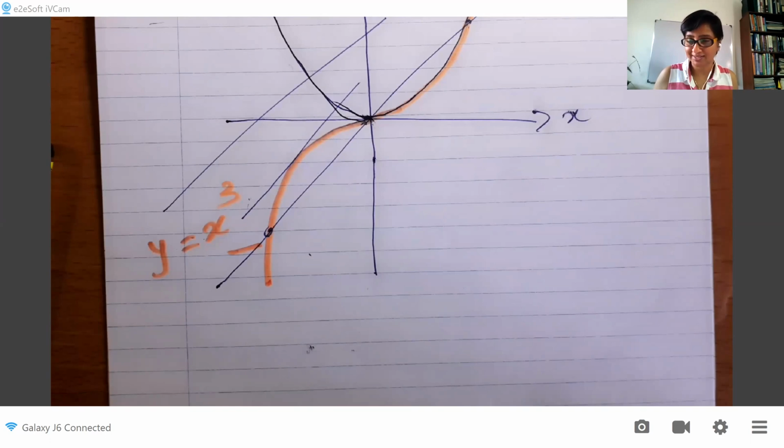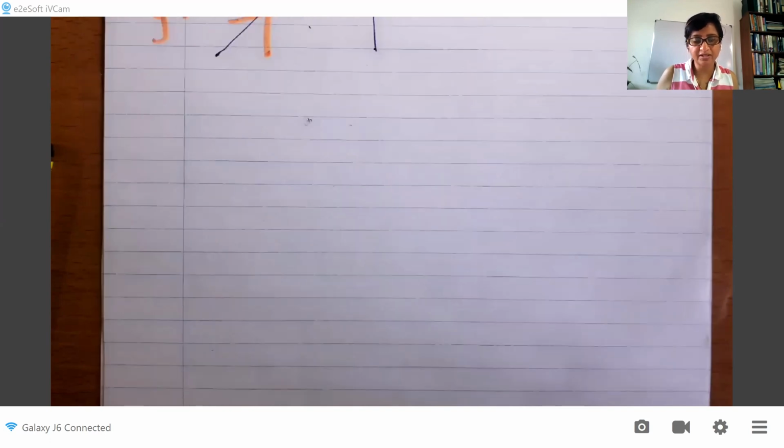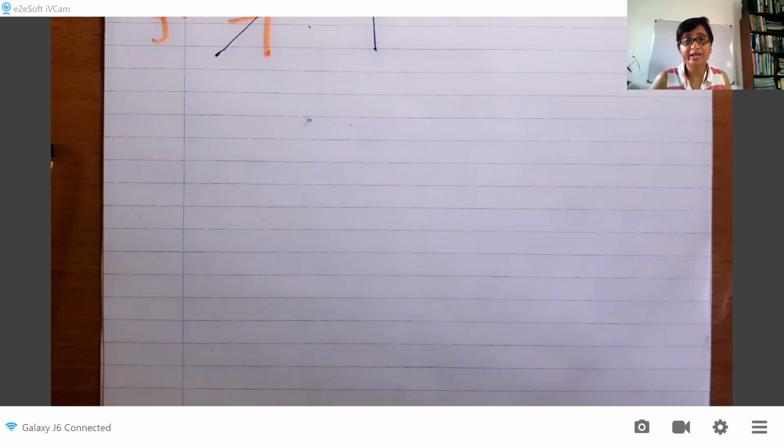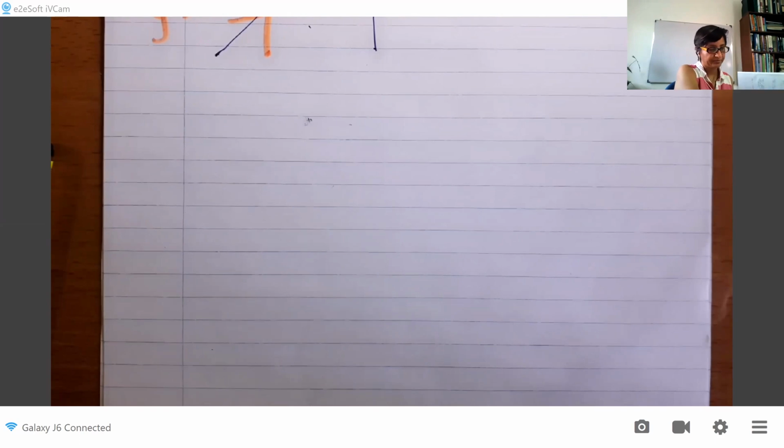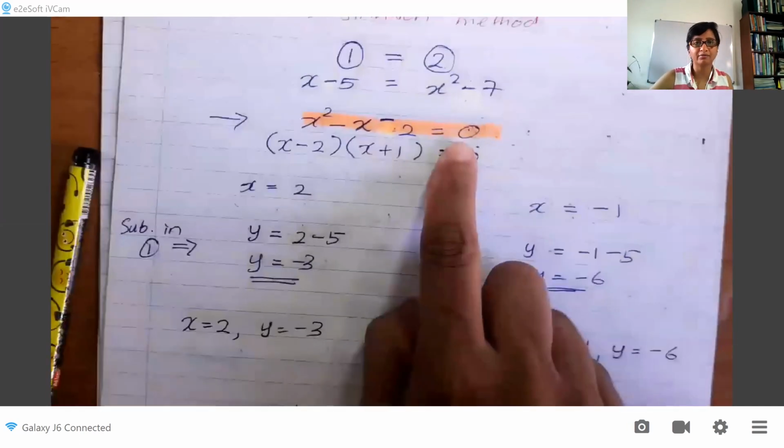Back to the note. The discriminant of this boiled down quadratic equation, QE. I said the pair of simultaneous equations boiled down to a single QE. I'm talking about that, the one you highlighted.